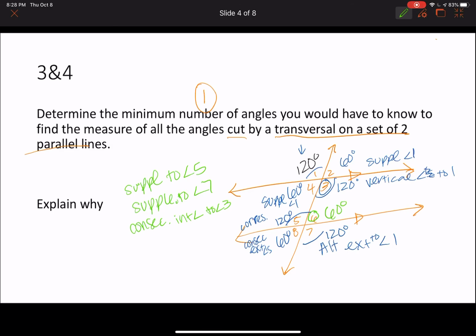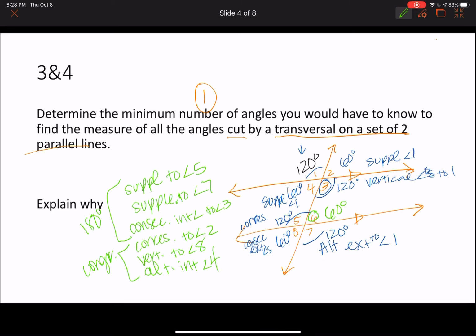You can see that it's a corresponding angle to angle 2, which means it's congruent. These are the 180 ones, and these are the congruent ones, and there's one more. Actually, two more. Another one would be that it's vertical to angle 8. And lastly, it's an alternate interior angle to angle 4.